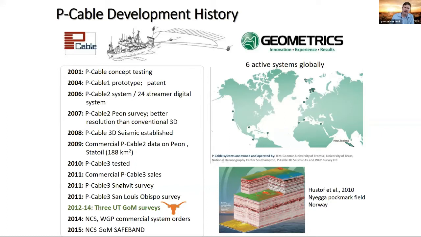And then they established the company and proceeded with some commercial acquisitions. You'll see through the early 2010s there was a lot of acquisition in Norway. And then there was a survey done out in California related to the nuclear facility there for re-permitting it.